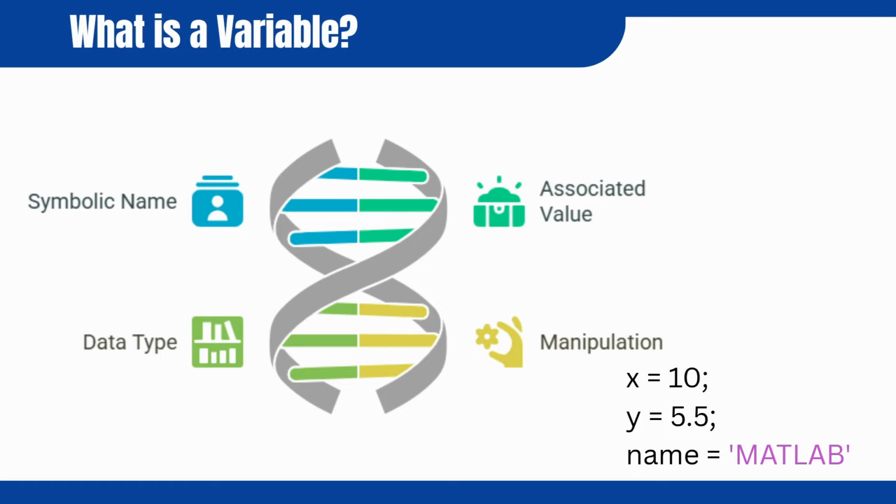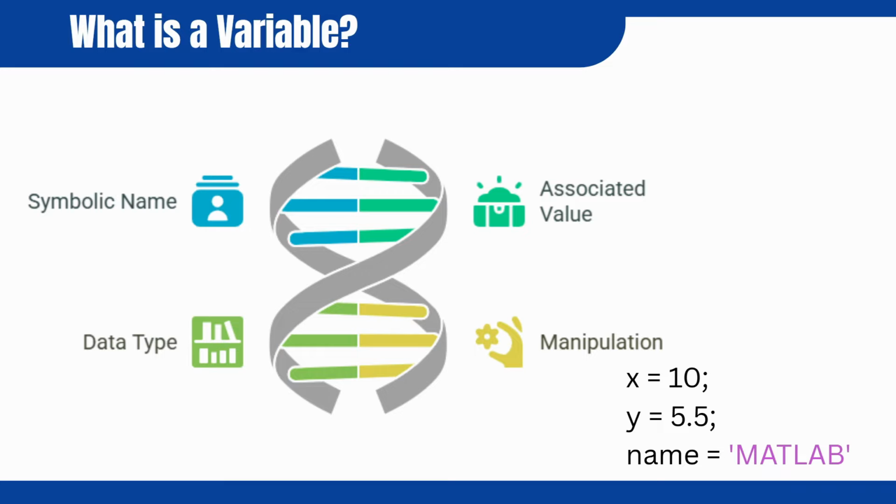So the very first question is, what is a variable? A variable in MATLAB is a named storage location used to hold data such as numbers, arrays, characters or results of computations. Variables allow you to store and manipulate data efficiently throughout your MATLAB program or session.